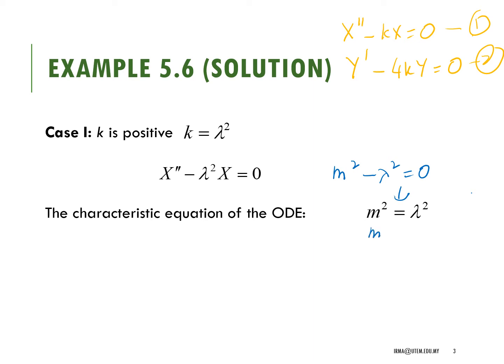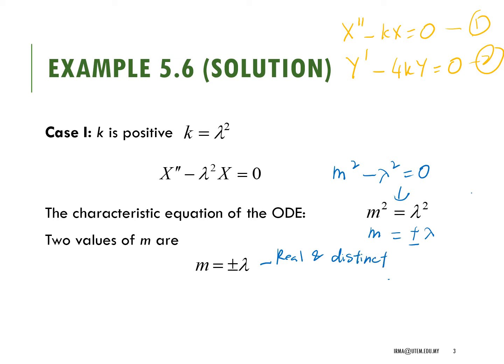Since you want to find the roots, m is equal to plus or minus lambda. One is positive lambda, one is negative lambda, so it is real and distinct. It's real numbers but different.